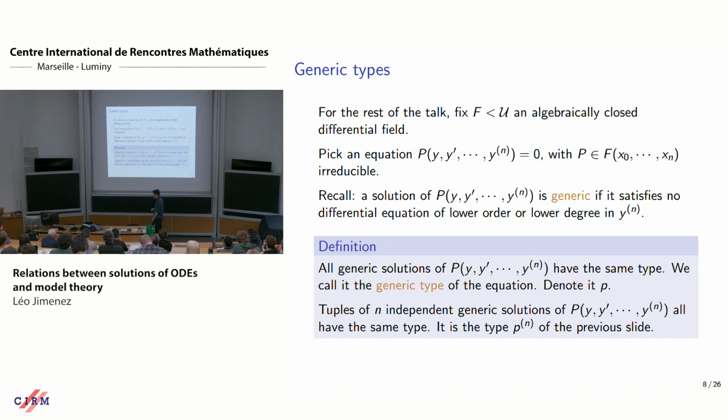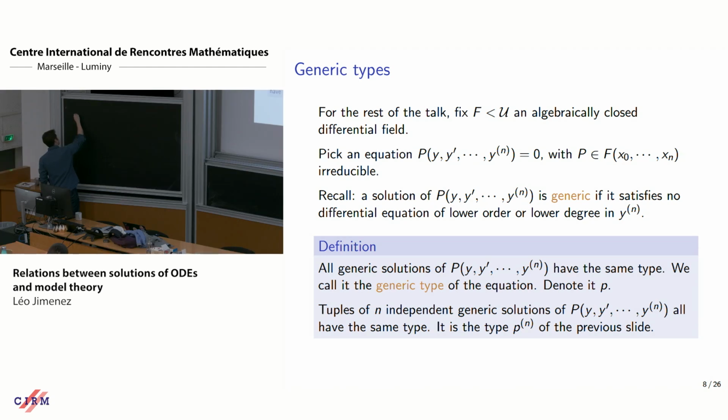I did want to write something on the board here. I write very few things on the board, so hopefully it's not too bad. I just want to write this so everyone remembers: types P, Q, R, S, etc. This just means really generic solutions of differential equations.